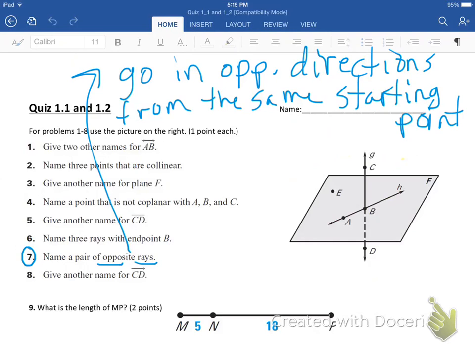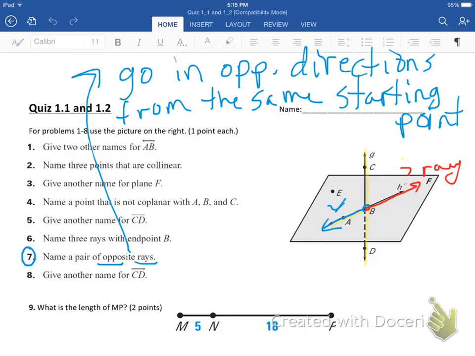The only place where I have rays is right here in that area. Okay, so if I start at B and go through A, that's possible. But if I start at B and go this way, I don't know the name. I need another point. So it wouldn't be good to start at B and go through A or B.